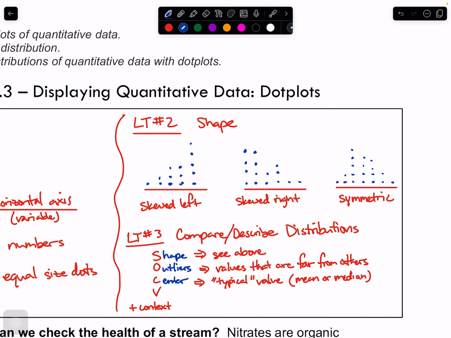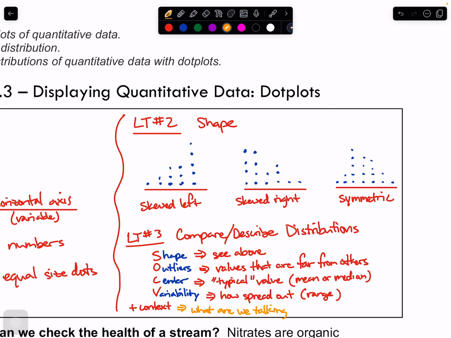And lastly, the V is our variability, which is how spread out our data is. Okay, and so for now, we're looking mostly at range. And this context part, what does it mean to add context? You're basically just saying what are we talking about?